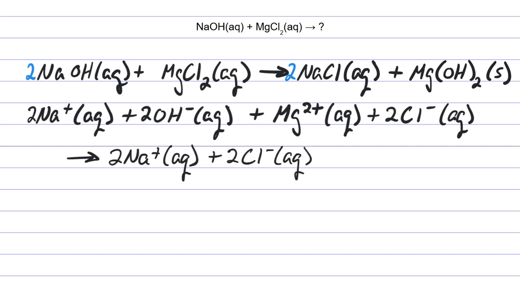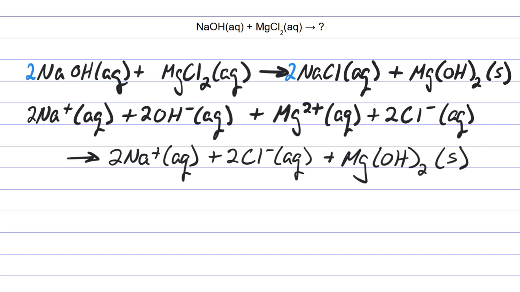But my other product, which is magnesium hydroxide, is a solid. It is a non-electrolyte. It does not dissolve in water. And so we are going to write that as magnesium hydroxide. We're just going to keep it together in the solid phase.